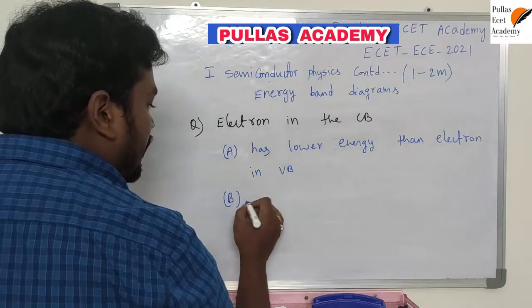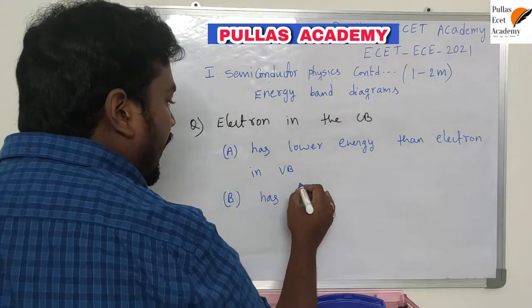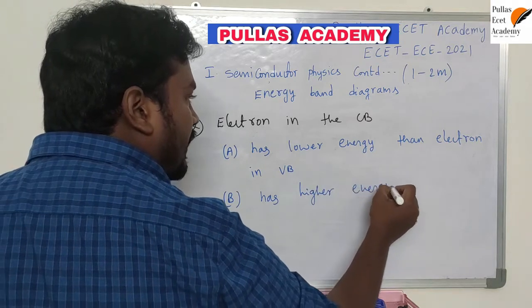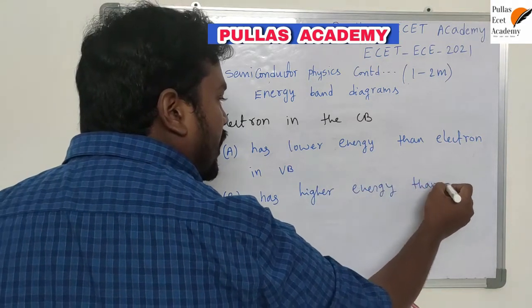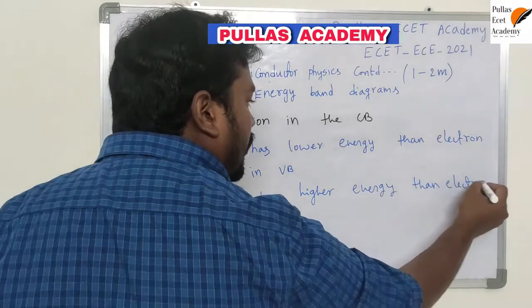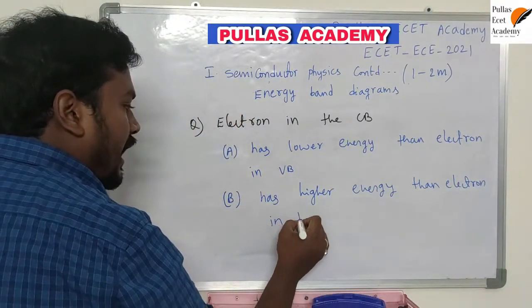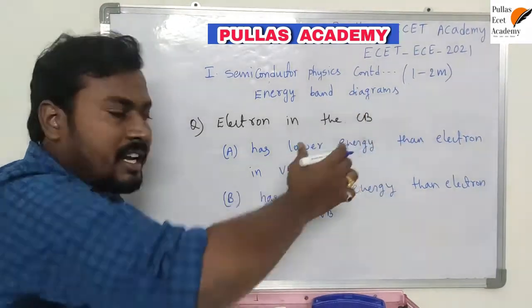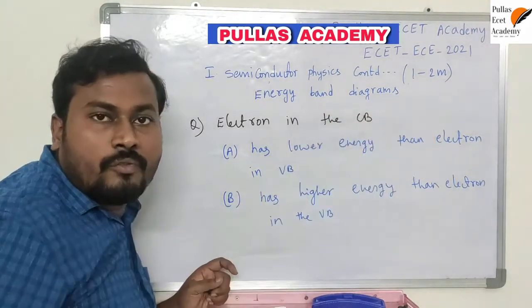Option B: has higher energy than electron in the valency band. Okay, so CB is referring to conduction band, VB is referring to valency band.